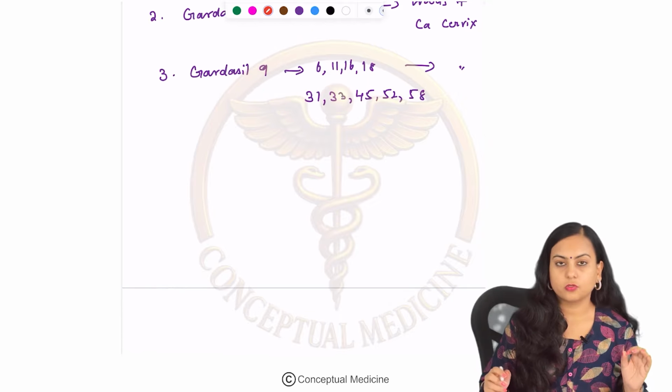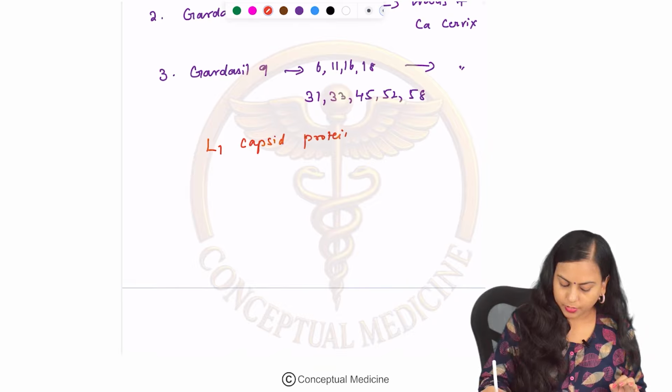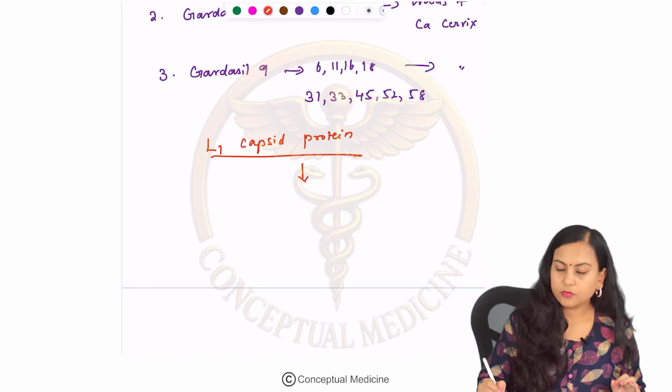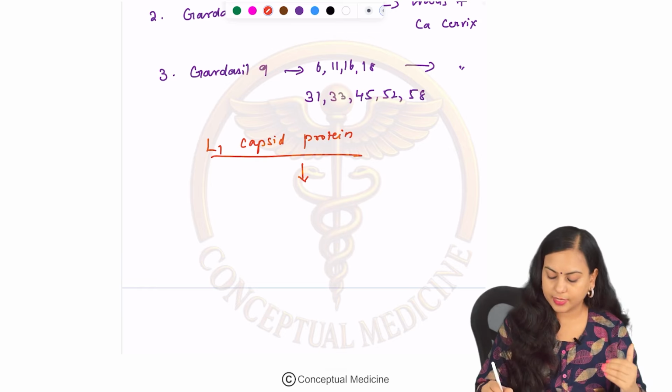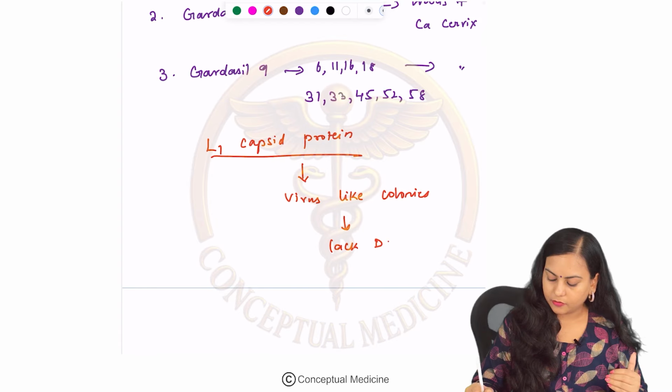You have to know these vaccines are produced from the L1 capsid protein. Because of this protein, they form virus-like particles but lack the DNA for infection.